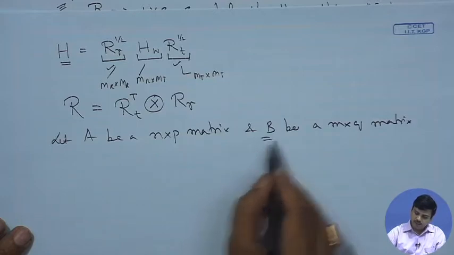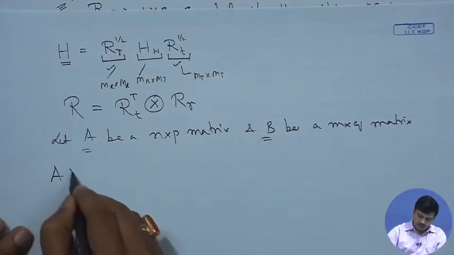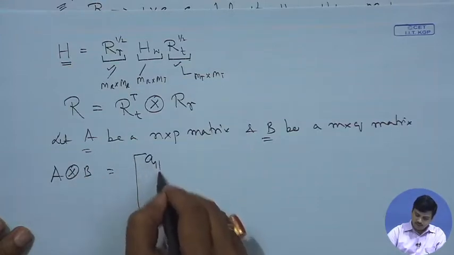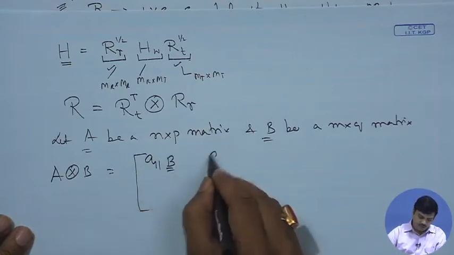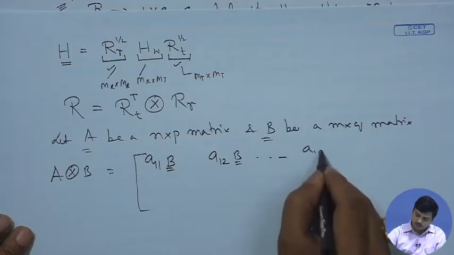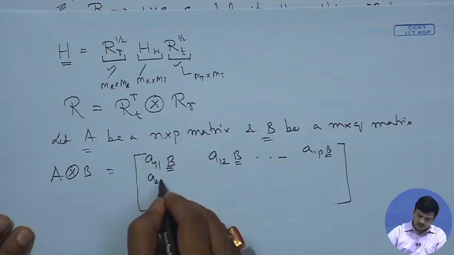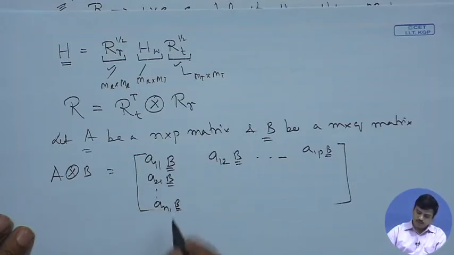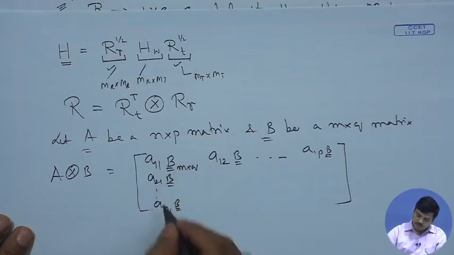Then the operation A Kronecker product B is defined as A11, the first element of matrix A, times the matrix B, then A12 times the matrix B, and so on up to A1P times matrix B. Here it will be A21 times matrix B up to AN1 times matrix B.